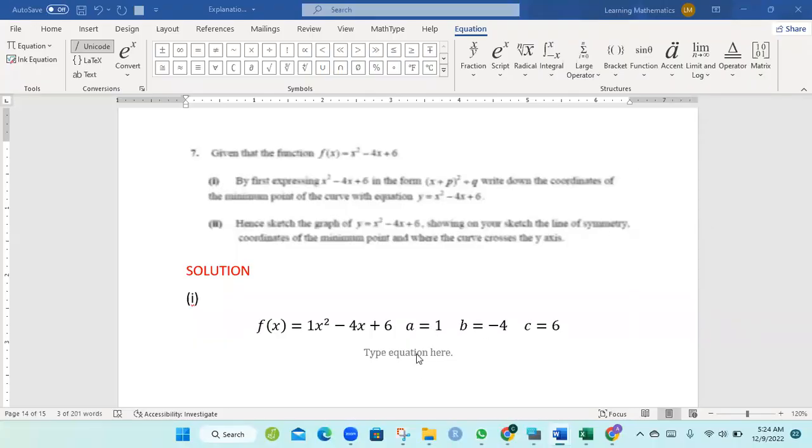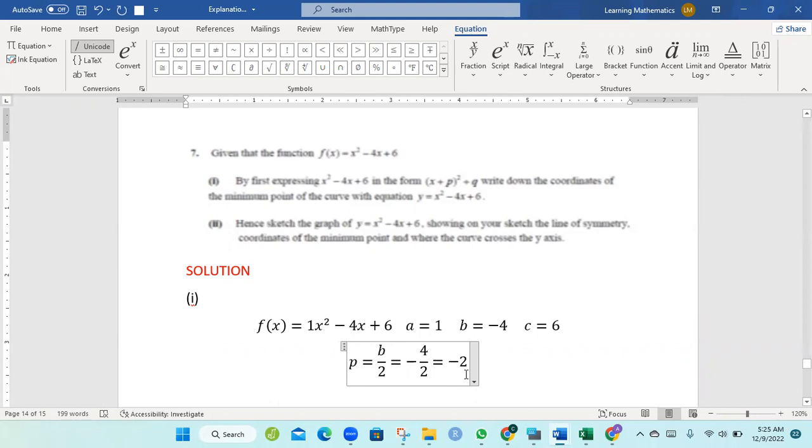Whenever a is equal to 1, p is simply the value of b divided by 2. Now b is equal to negative 4, so p is equal to negative 4 divided by 2. So p is equal to negative 2.